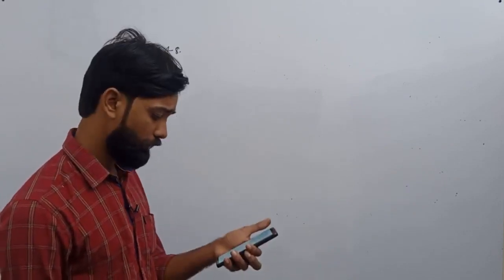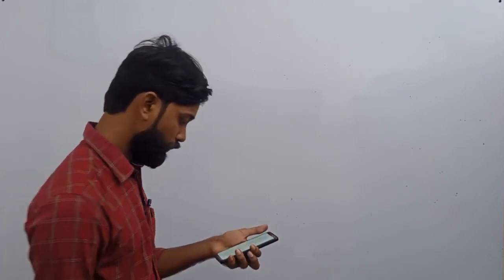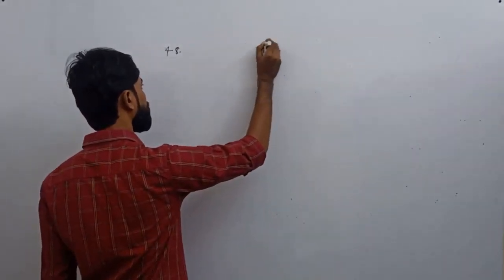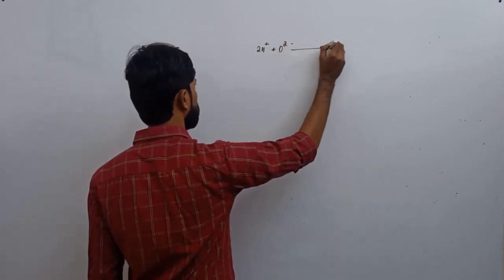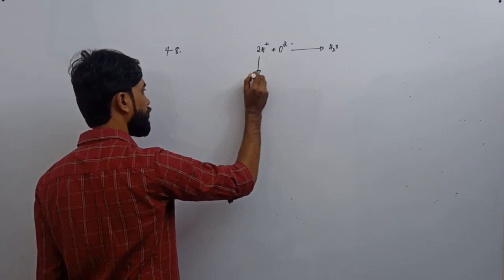Nine gram of water means what? Half a mole of water. So in the electrolysis of water, this will be the electrolysis reaction, right?